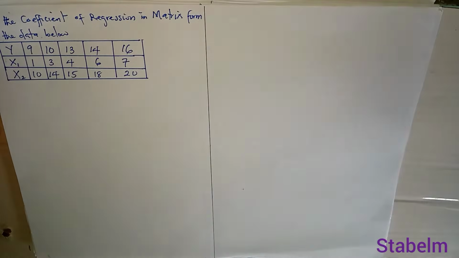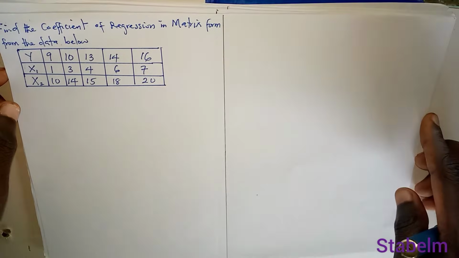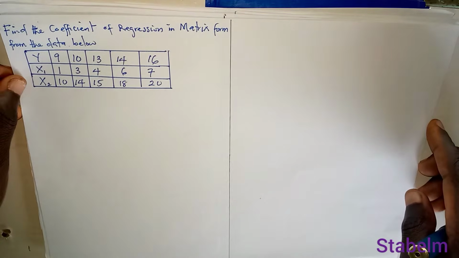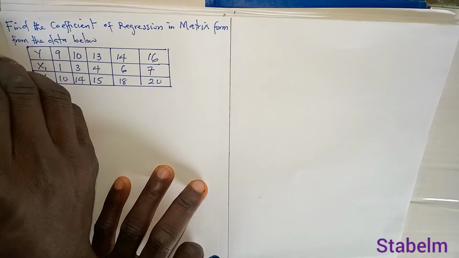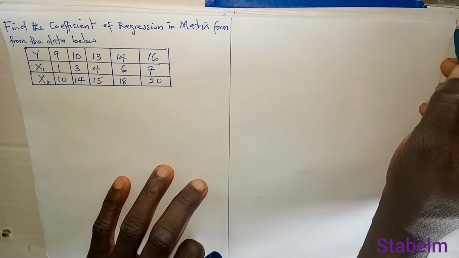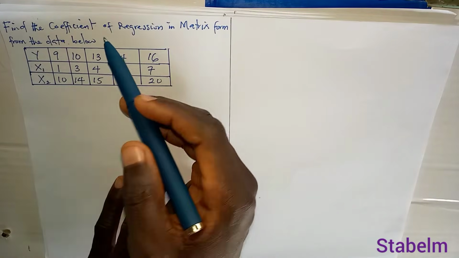All right, so this is the example here, and this example says find the coefficient of regression in matrix form from the data below.